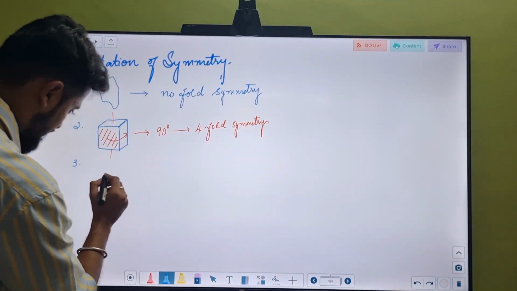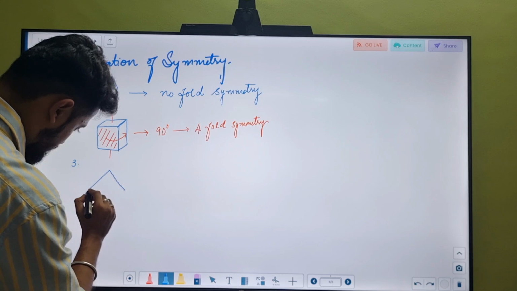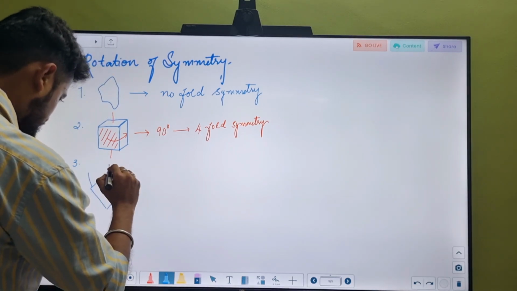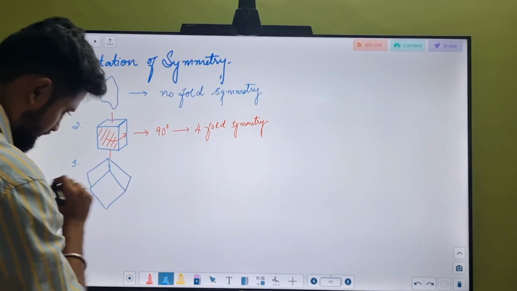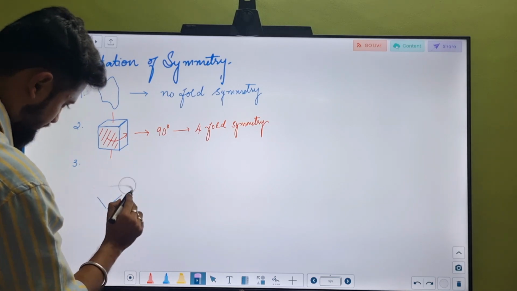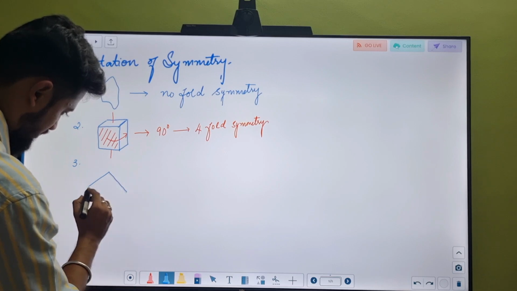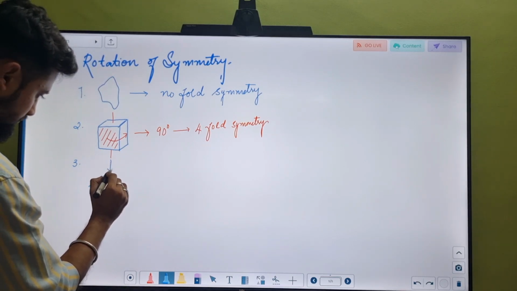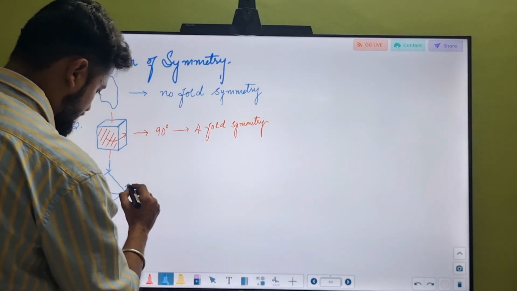So here you can draw it in 2 dimensions only. Here we are holding it like this along the solid angle and we are rotating it.